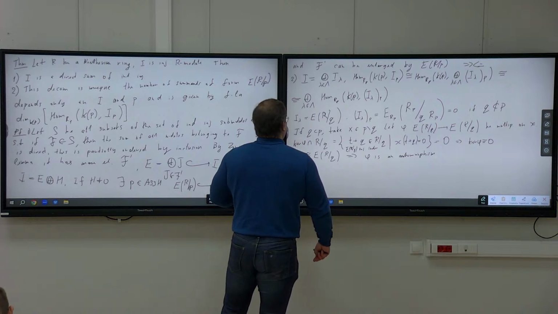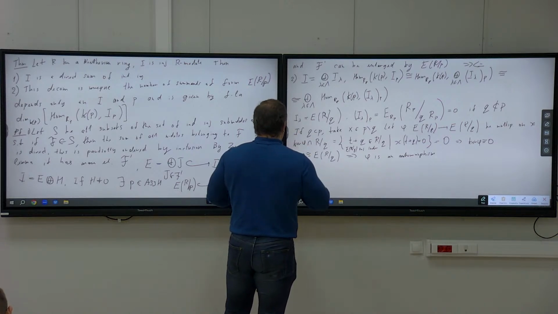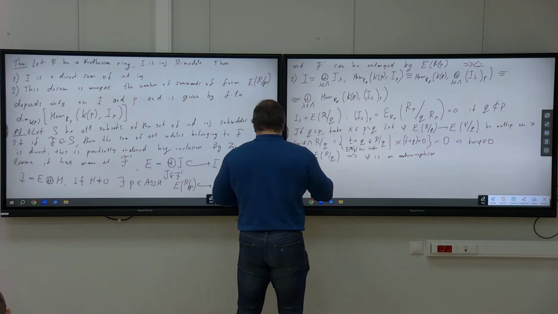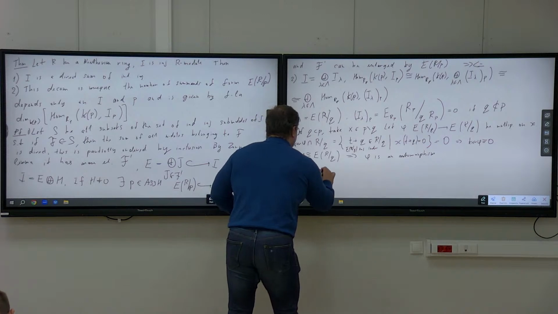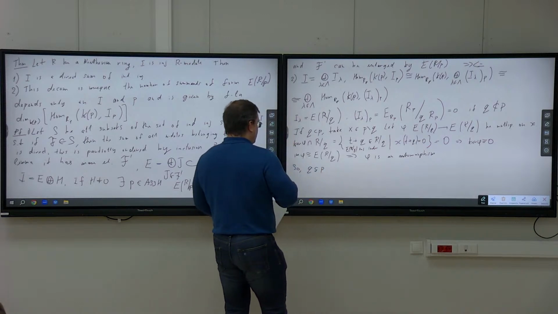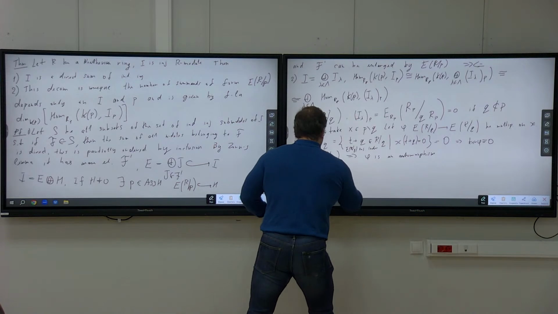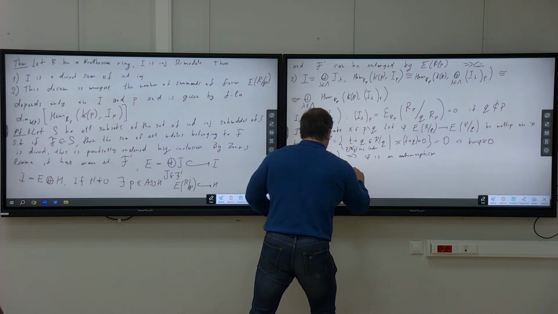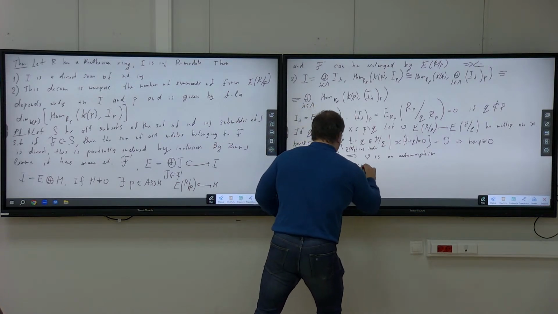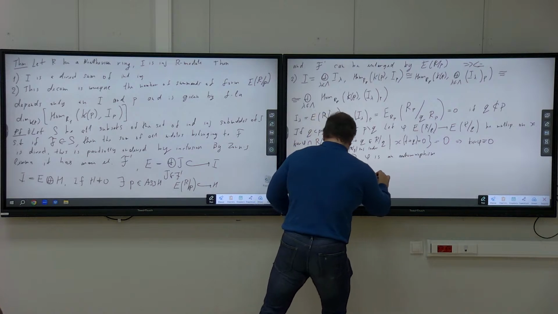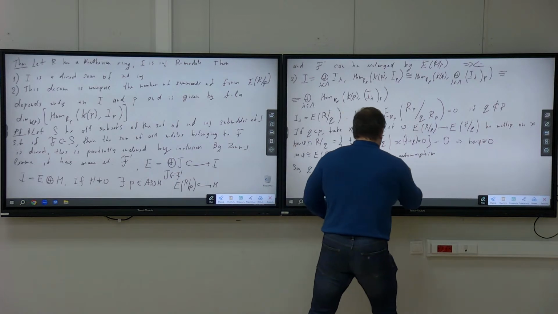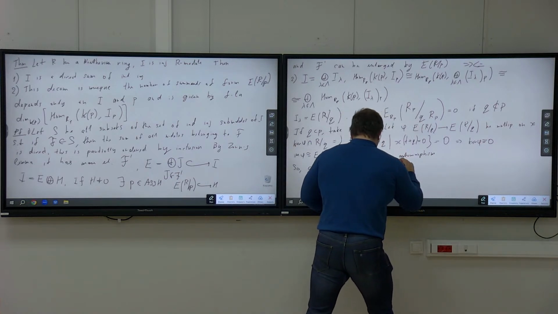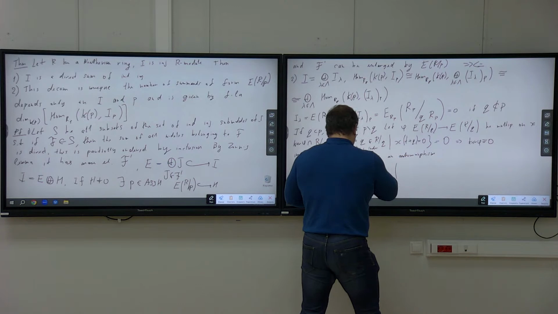So what we can say is that in the situation where I have Q sitting inside P, but they are not equal, right? And if I try to compute the Hom over R_P from the residue field K of P to the injective hull over the localization, no, wait, I already localized it.